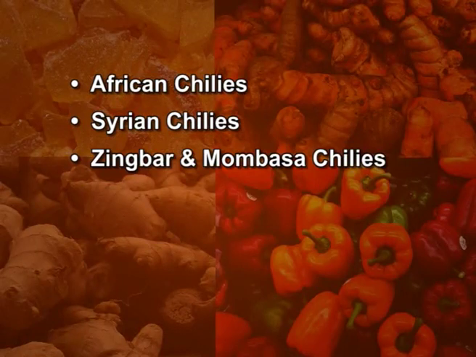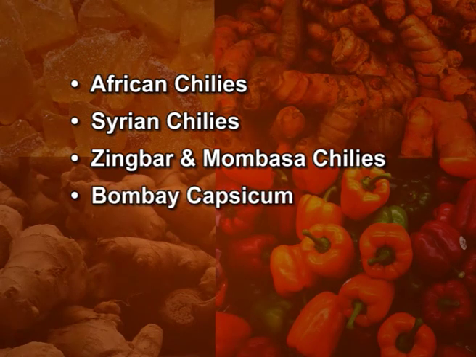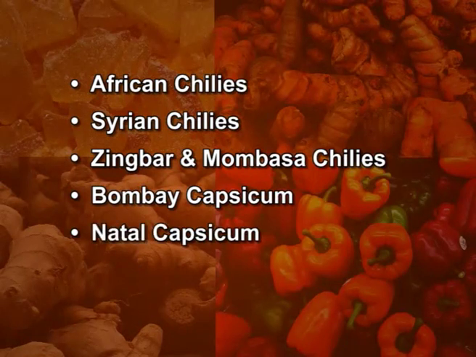These varieties are smaller in size but more pungent. Another variety is Bombay capsicum. This variety is less pungent than the American chilies. And another variety is Natal capsicum. This variety is still less pungent.